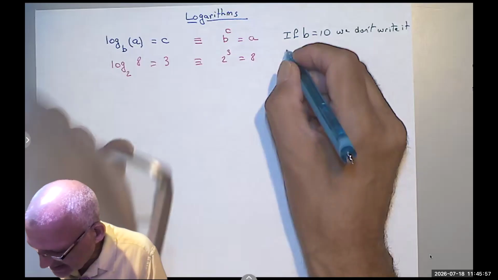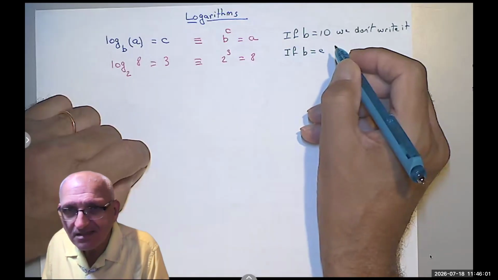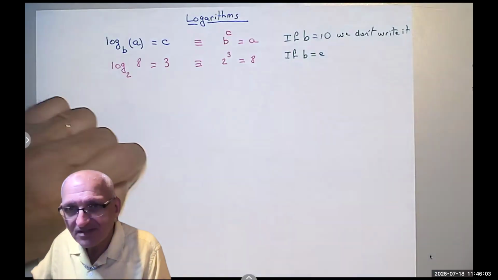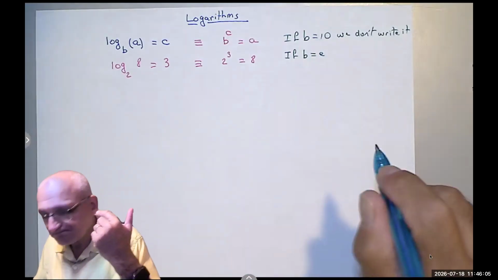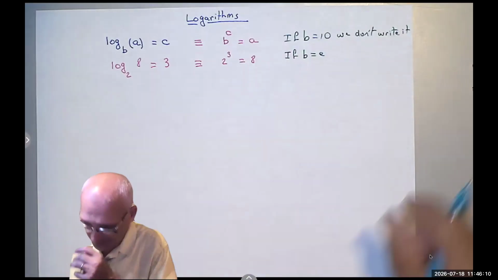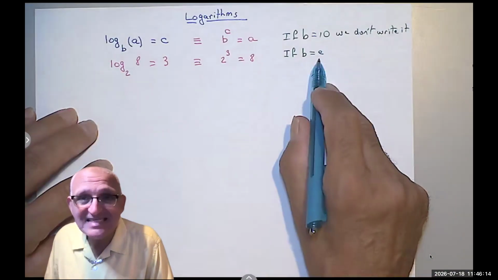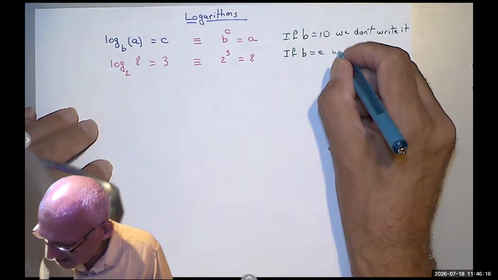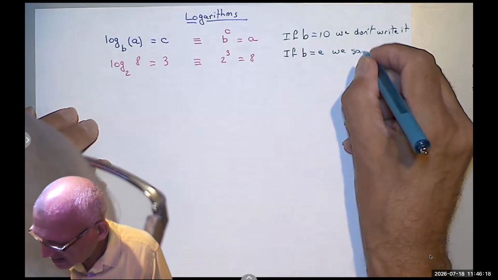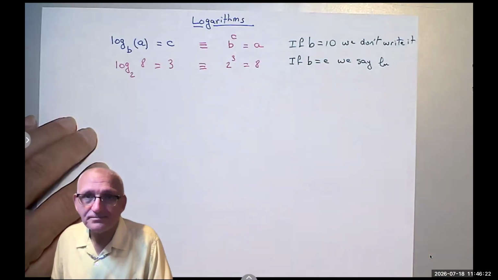If the base is e, you know e? Yeah, 2.718. We did e to the x before. We'll talk about it probably in pre-calc more and in calculus definitely. If b is e, we say ln, not log, natural log.